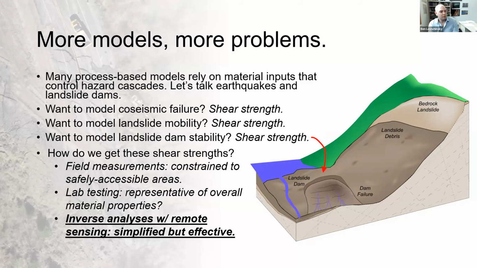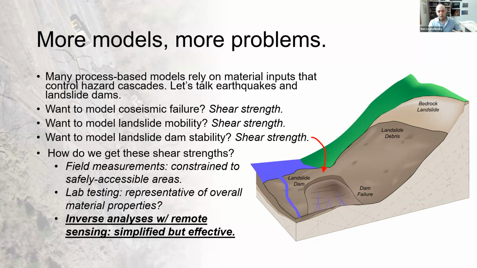So how do we get these shear strength values? One way is to get in the field and take measurements, maybe in situ, whether it's vane shear or CPT, or a variety of other techniques that give us a proxy for the strength on site. The problem is that you need access, and particularly following natural disasters, that's not simple. Then there's lab testing, the cream of the crop, the best we can do.